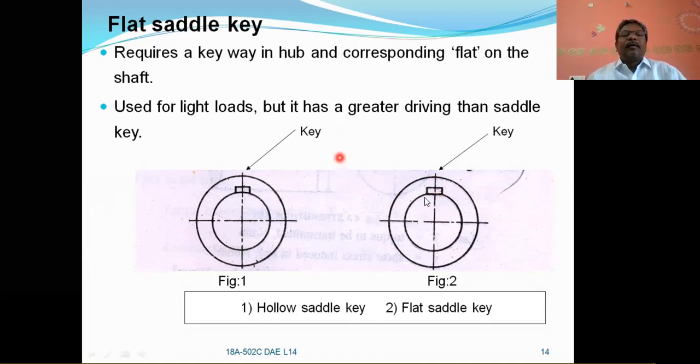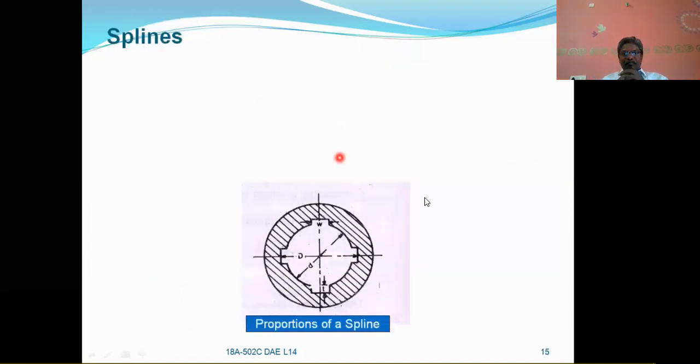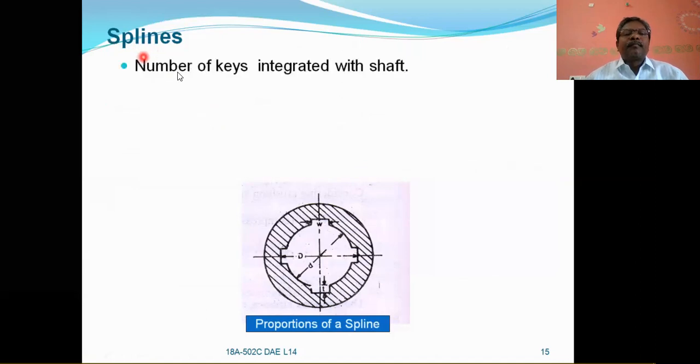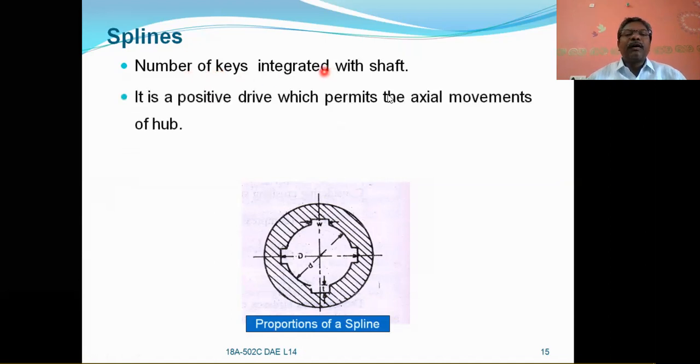Next is splines. In this case a number of keys are integrated with the shaft, and it is a positive drive which permits axial movement of the hub.